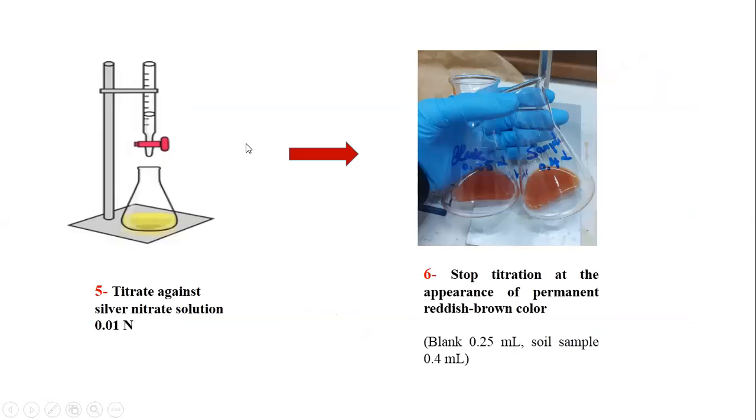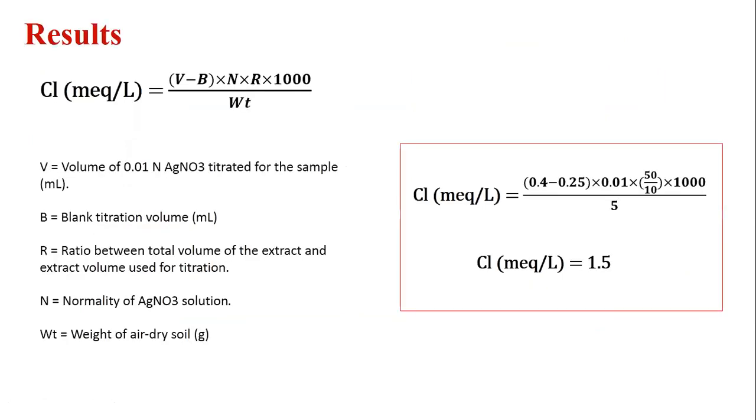After that, we made the titration against silver nitrate solution. And for the result, we get the color reddish brown, and we compare it with the blank. And here is the calculation.